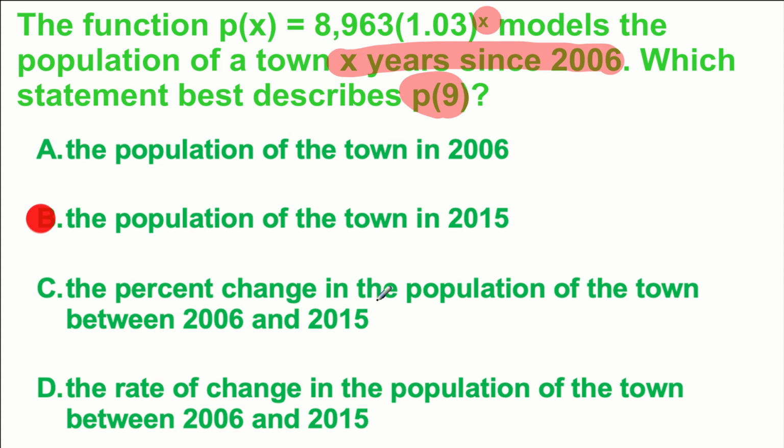The percent change, or the rate of change, is what's coming from the 1.03. The percent change would be 3%. The rate also still going to be 3%. The population of the town in 2006 is our initial value in this case, so that would be the A there, but B is our correct answer. Okay?